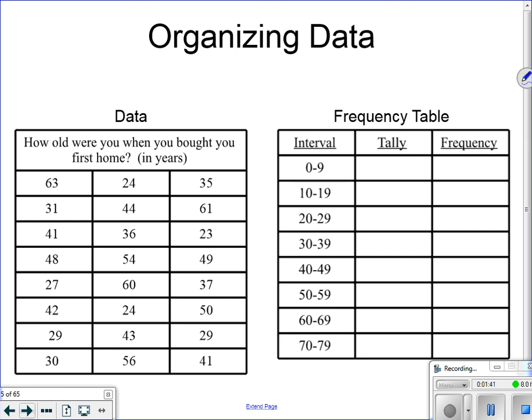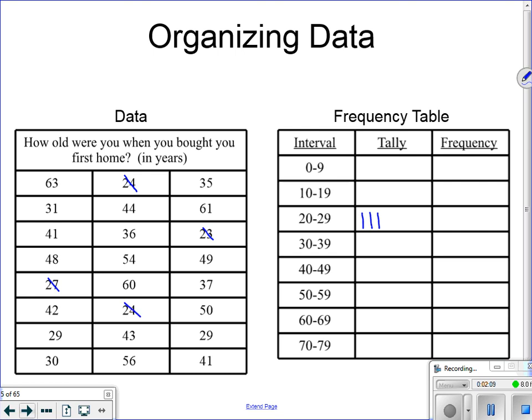you'll notice that we have somebody that was 24. And I just like to cross them out so I keep track of the ones I've already counted. And then you'll notice we have a 23. So I'm going to make another tally. And then we have a 27. So I'm going to make another tally.